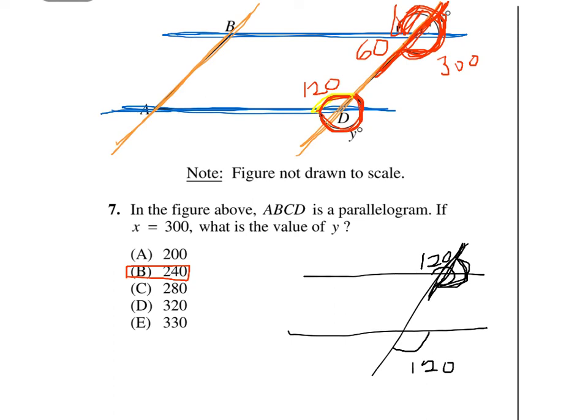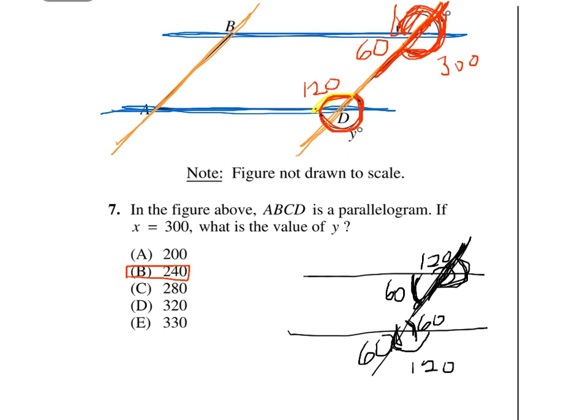Likewise, we can say that now this angle is 60 because 60 and 120 add up to 180, and this is a straight line. That makes this angle equal to 60 and this angle equal to 60 because both equal this angle.